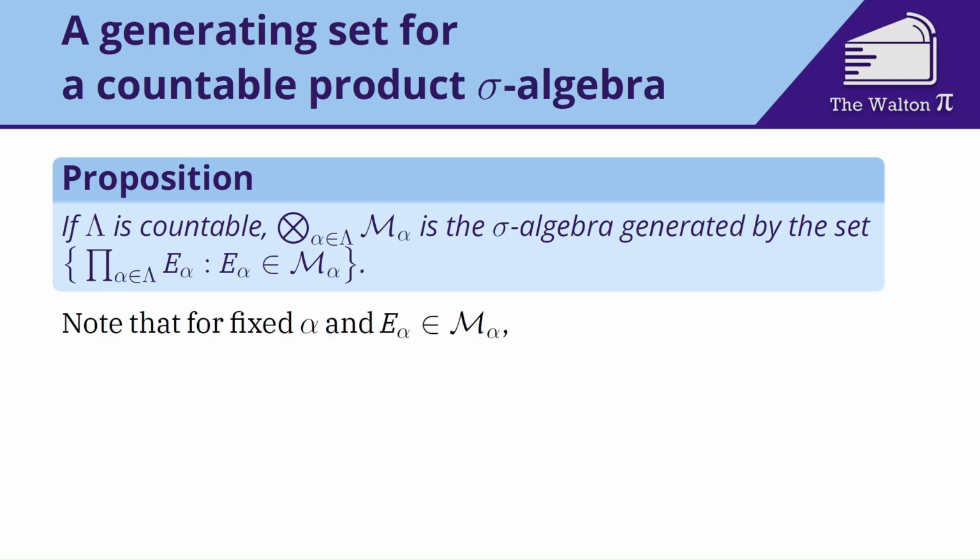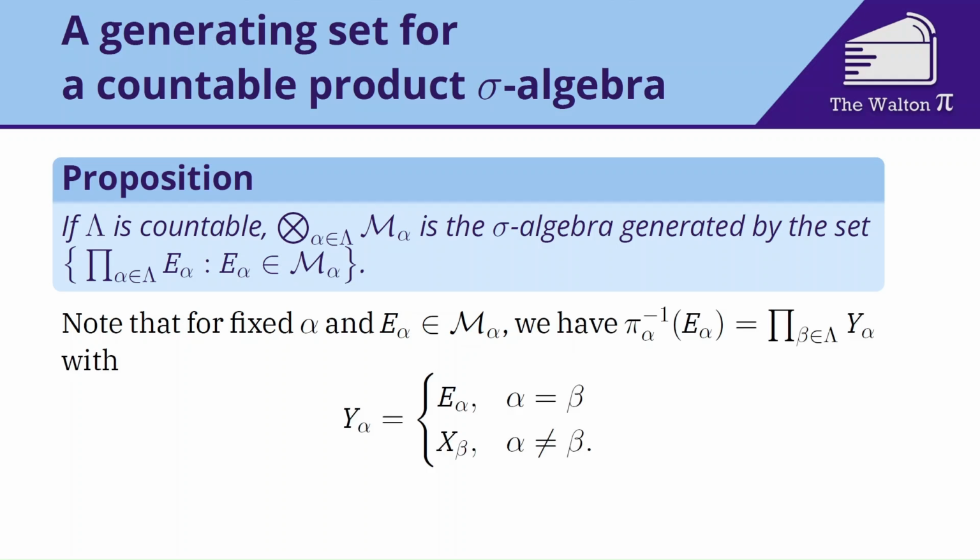So we are able to write it as being generated by the set of the product of those E alphas directly. Okay, so note that for a fixed alpha and E alpha in our sigma algebra M alpha, we are able to write the pre-image of E alpha under the projection map as the product over all the betas in our indexing set of Y beta, where Y beta is E alpha if beta is equal to alpha, and X beta if beta is not equal to alpha.